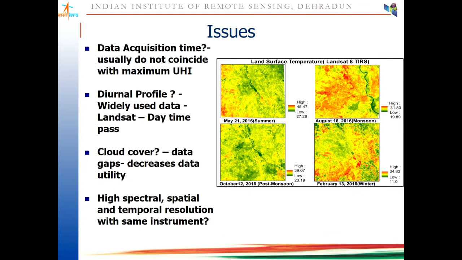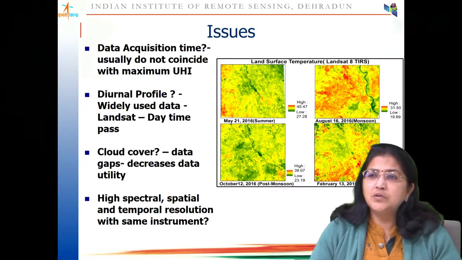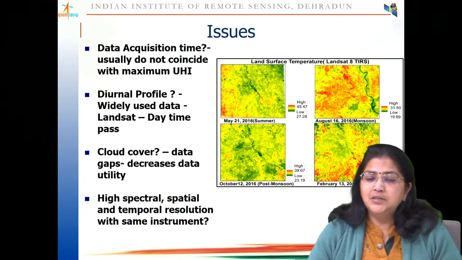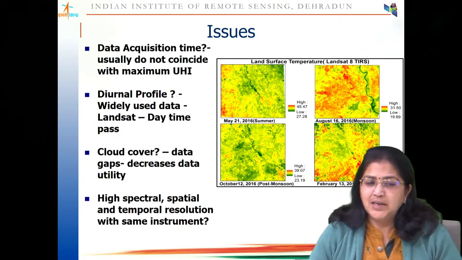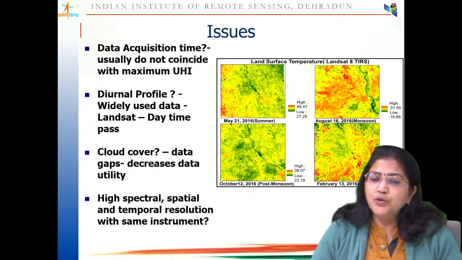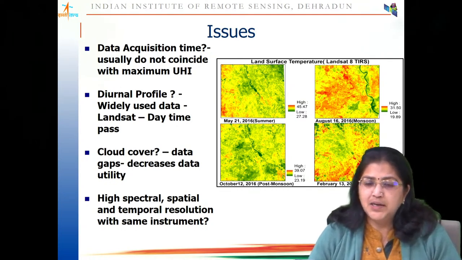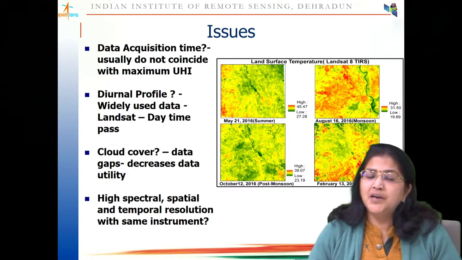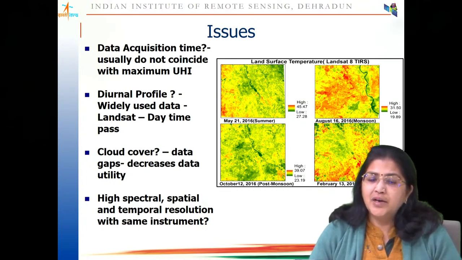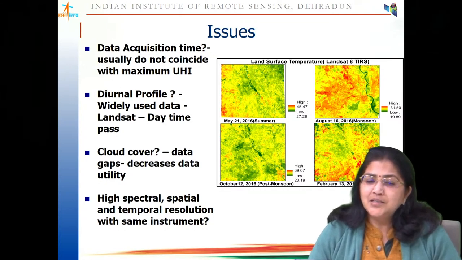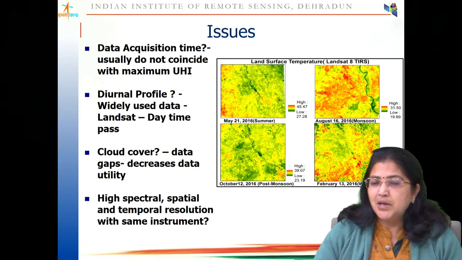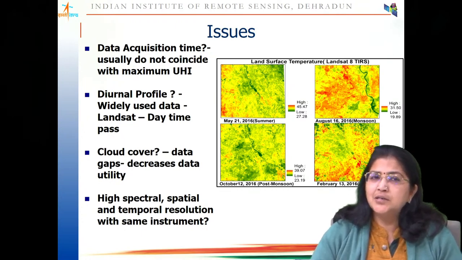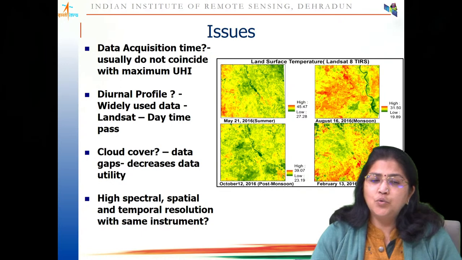Now, if we look at land surface or surface urban heat island studies using thermal remote sensing data, there are a few issues. The first is the data acquisition time. Many researchers have reported that the pass time of land surface temperature data, like Landsat, is generally around 10:30 to 11.